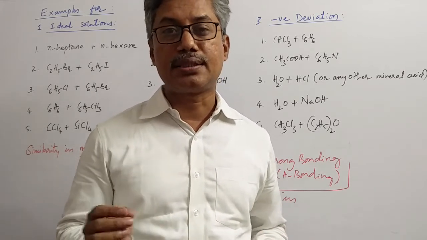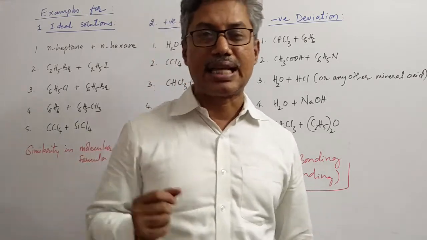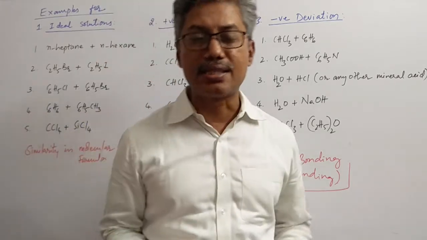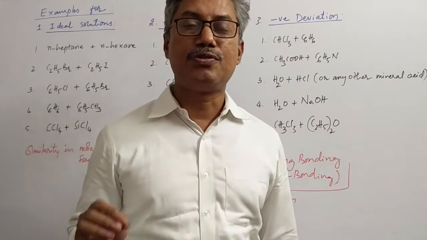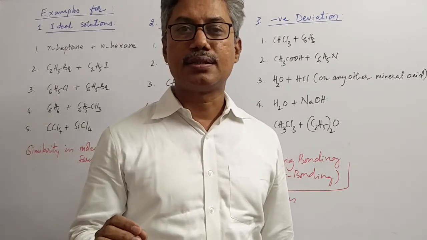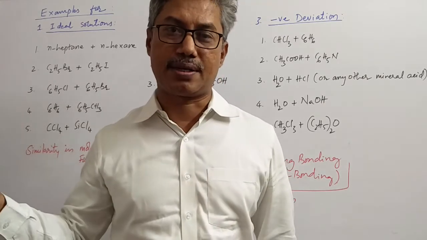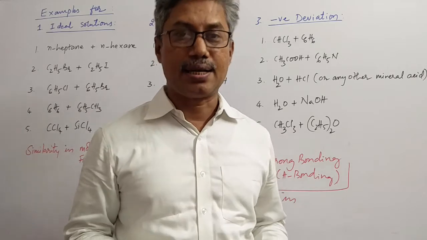Then the question arises, how do we classify them? So the classification of solutions into different categories depends on the type of bonding between solute-solvent, solute-solute, and solvent-solvent. See students here.